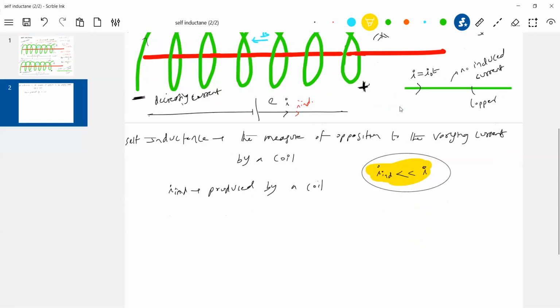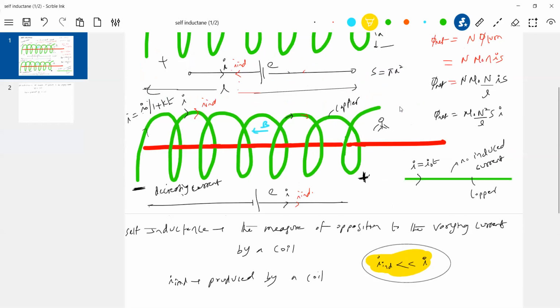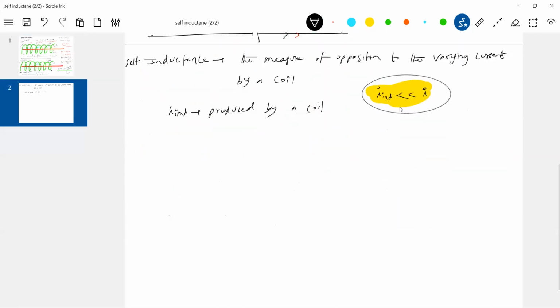Now let's come back here. Look at the net flux and current, how they are directly proportional. From here, the flux linking a coil is directly proportional to the current flowing in the coil.